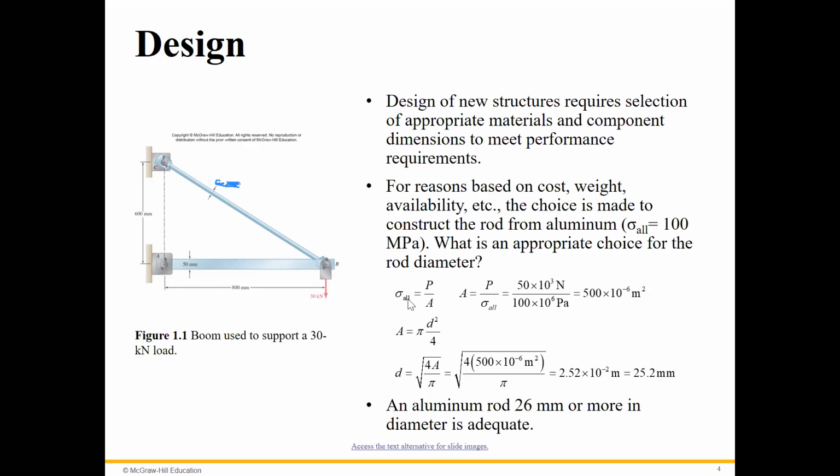If sigma equals P over A, then A is P over sigma, right? P is the force from statics, so we already have it. Look at this member, the force is 50. In the previous slide, if you solve this problem by statics, we already know P is 50, right? So that's fine.